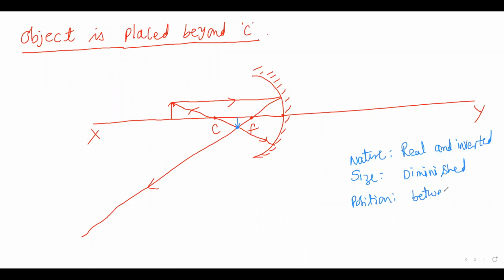Between C and F. If AB is the object, A dash, B dash is the image. Got it? Yes. Please write down.